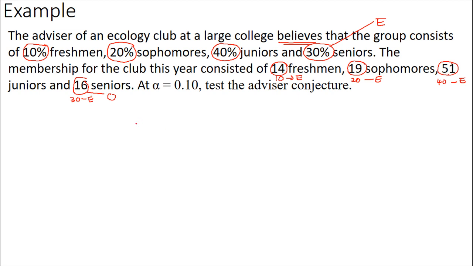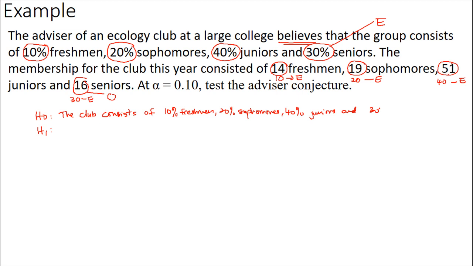We can proceed with the first step. You have to state the null hypothesis and the alternative hypothesis. The null hypothesis: the club consists of 10% freshmen, 20% sophomores, 40% juniors, and 30% seniors.